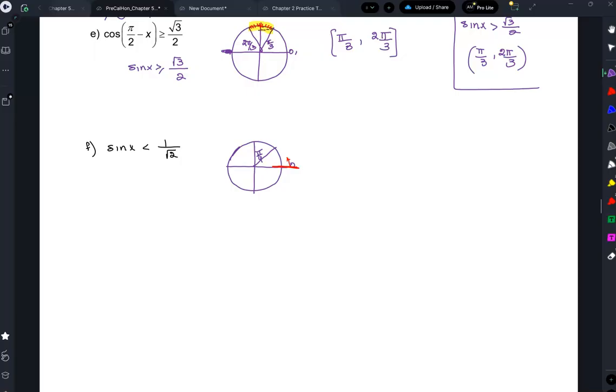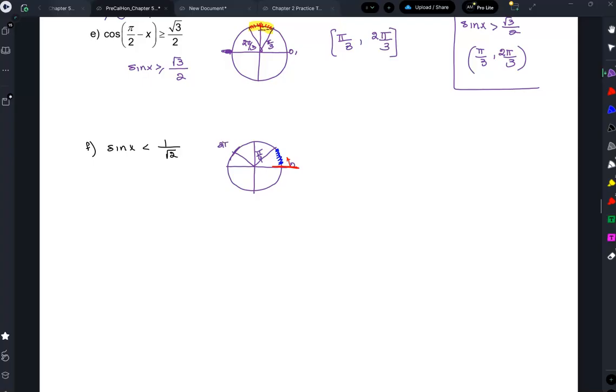Now, before that, over here, is that a region that I want? Yes, this is a region that I want, right here. Okay? Now, past pi over 4, is that a region that I want? No. Where do I get 1 over root 2 again? 3 pi over 4.